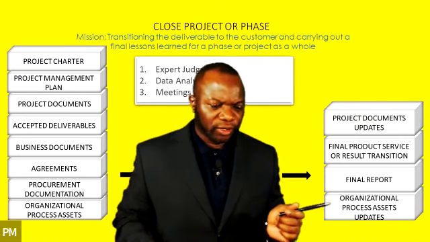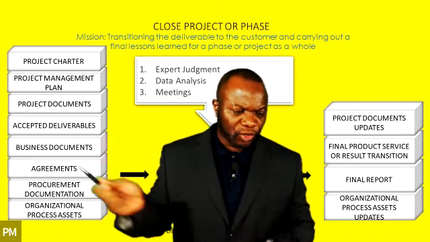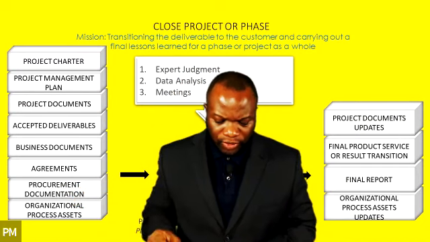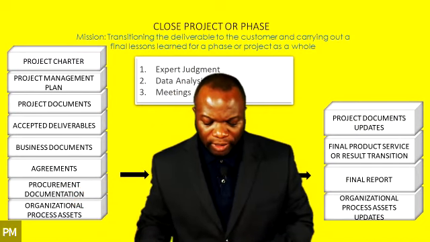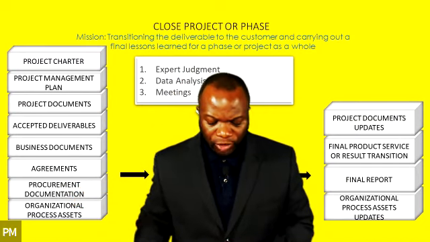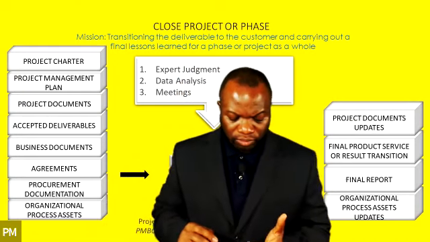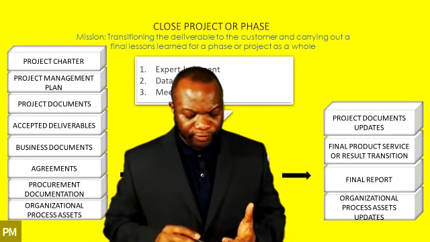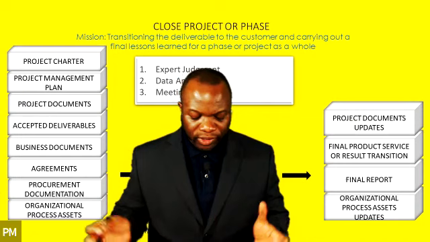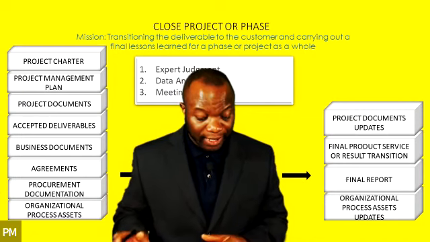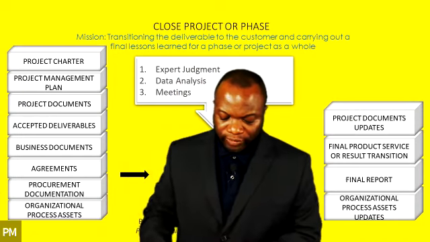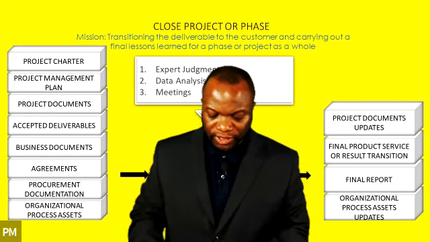So when you take a look at procurement documentation, they're really talking about any form of procurement documentation. Be it statement of work, RFP, RFQ, RFI, whatever the procurement documentation is, all of this documentation is collected, indexed, and filed.